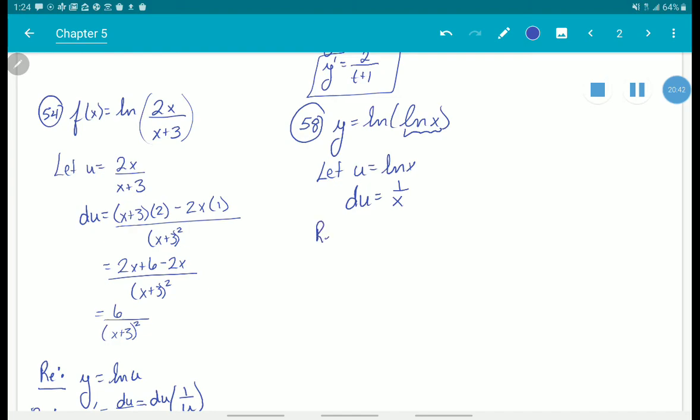We can do a rewrite. So this says y equals the ln of u. Then we're going to take the derivative. The derivative of y is y prime. The derivative of ln of u is du over u. And then we're going to do our substitution back in. du is 1 over x. u was ln of x.